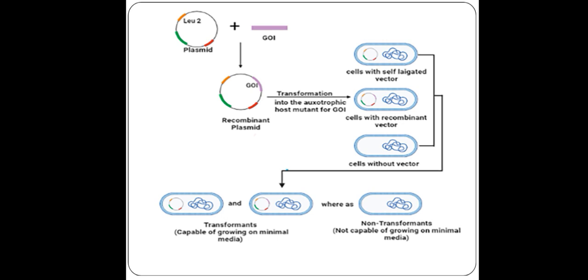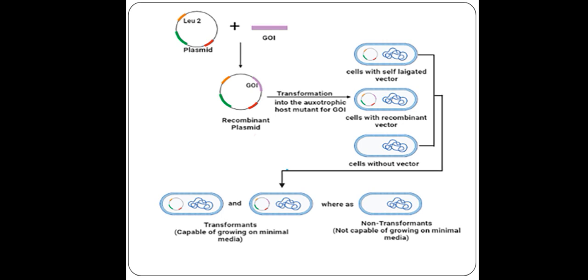Next, a plasmid containing the LEU gene is combined with the gene of interest. What is the LEU gene? The LEU gene is basically a biosynthetic gene that is used in the transformation.